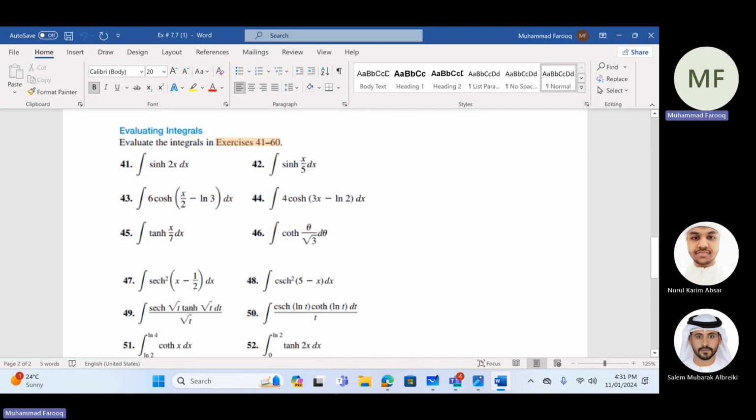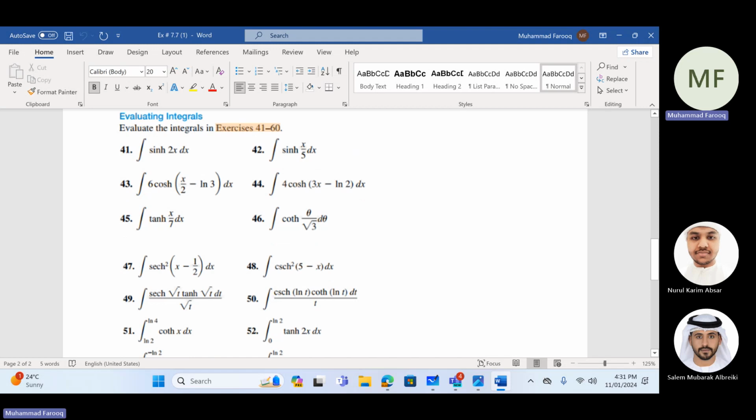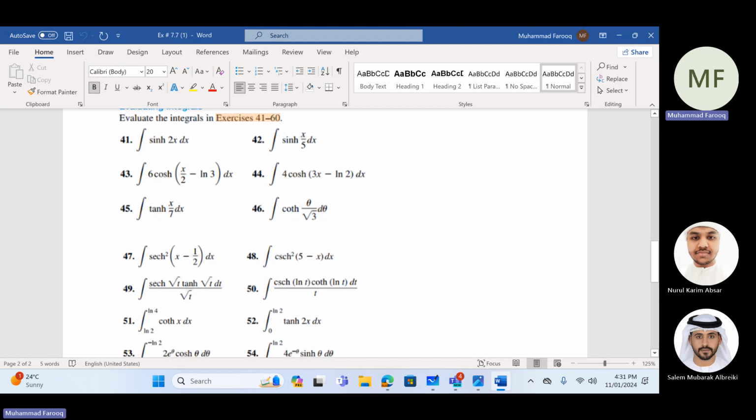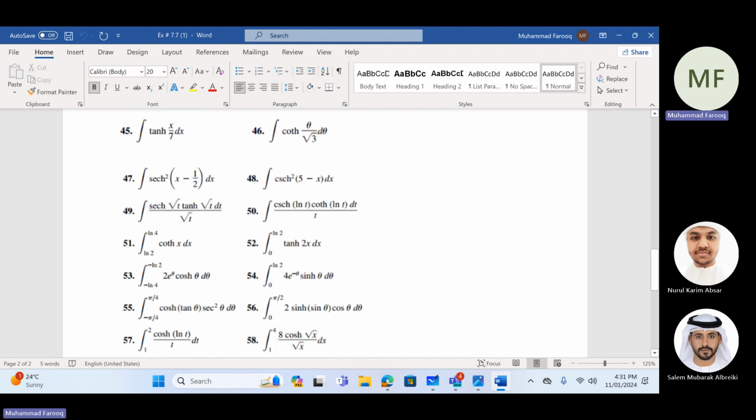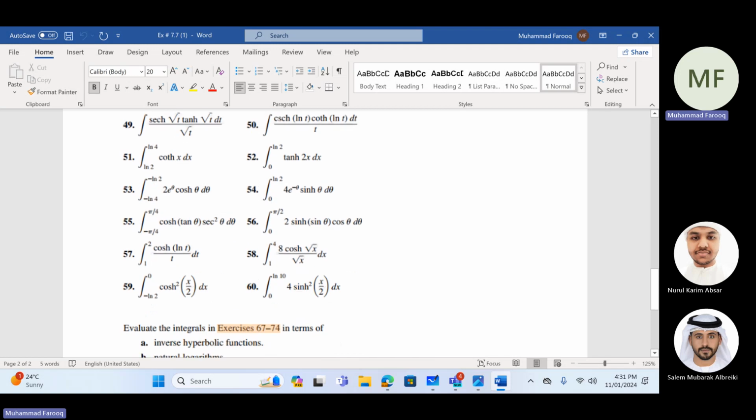Now just take some questions on integration of hyperbolic functions. Again, the formula sheet is with you. Don't worry, you have the formula sheet. Okay, let me decide a question.